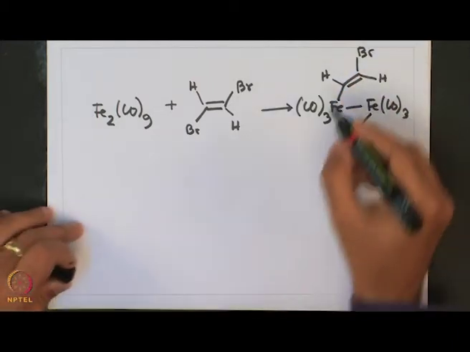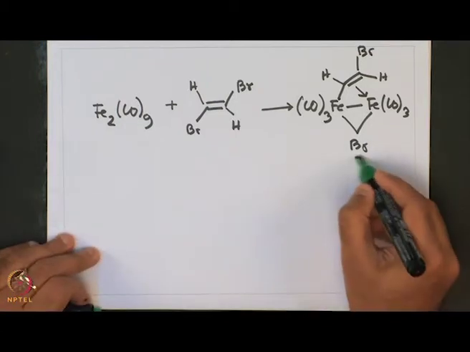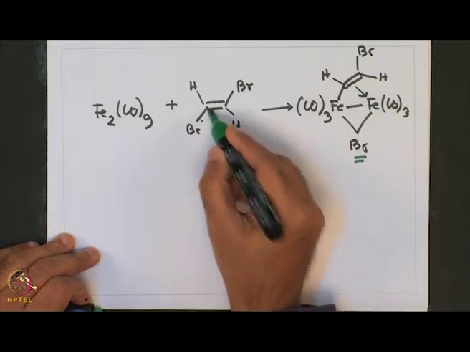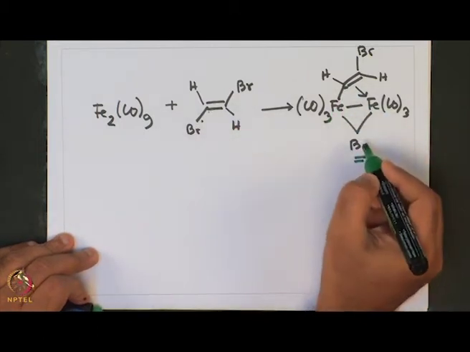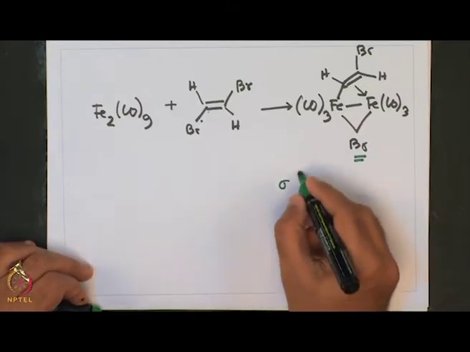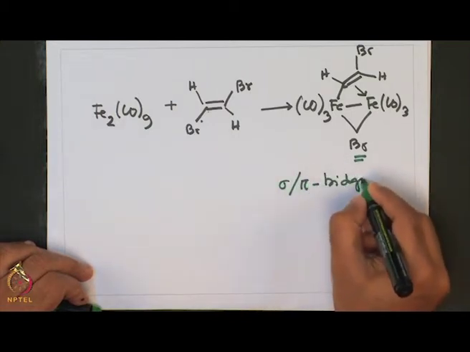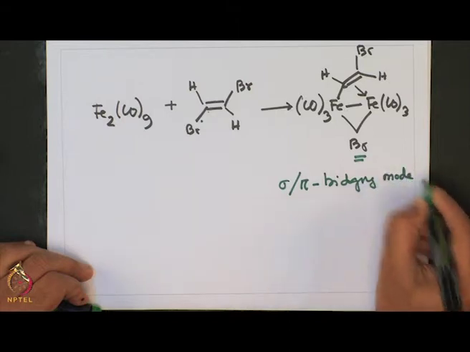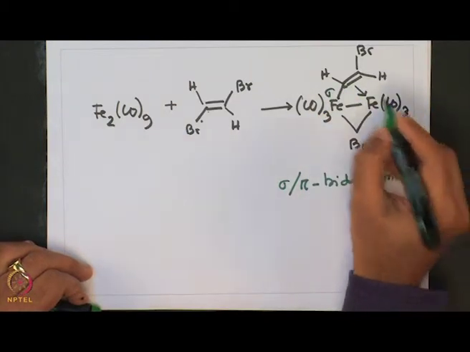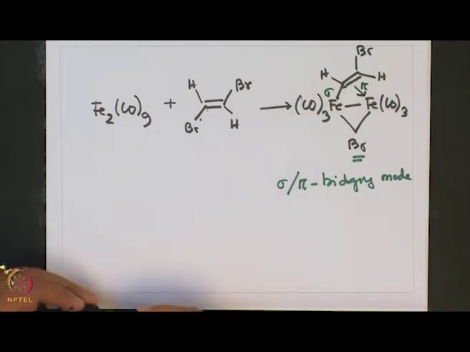So, one note: that this bromide and this carbon, there is an activation that has happened over here, resulting in this kind of sigma pi bridging ligand. This is an interesting binding mode where this is the sigma and this is the pi type binding that this compound is displaying.